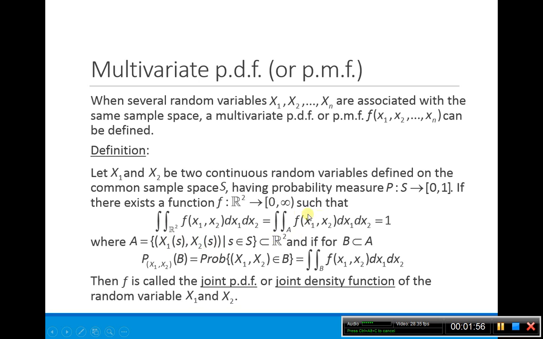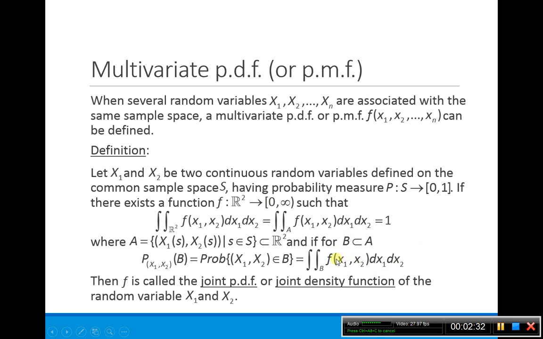A1 and A2 here, which are the ranges of x1 and x2. So if we can write this integral as the integral over A, and we integrate over x1 and x2, and this is equal to 1, then we can call f the joint PDF or joint density function. If also for some subset B in A, we think about the probability associated with x1 and x2 in B, it is the integral over just B of this joint PDF.